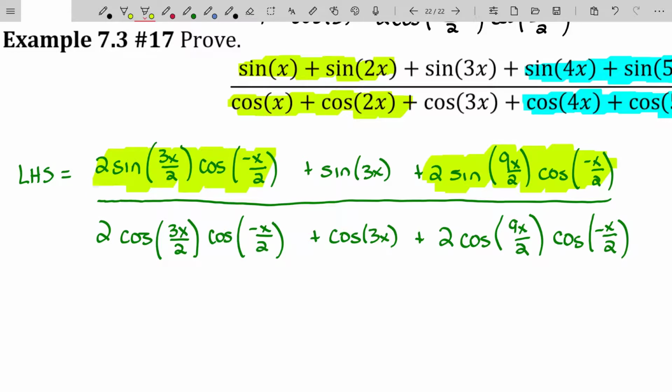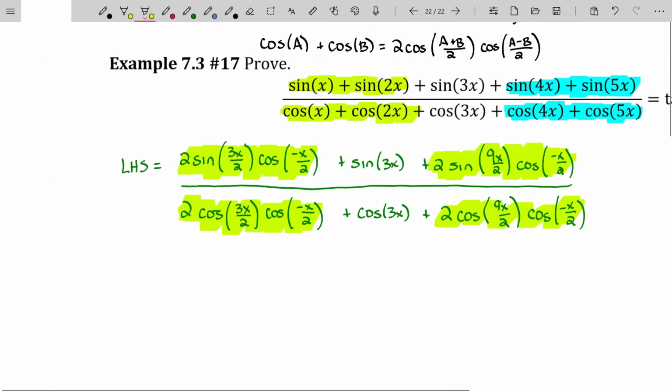Just because I'm thinking that might be a good idea. And a 2 as well, in fact. And same thing, I'll do that downstairs here. I'll group those two terms together and factor out a cosine of negative x over 2. And by the way, because cosine's an even function, you can get rid of the negativity on that cosine as well. So let me go ahead and do that.